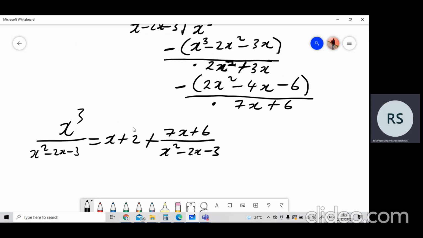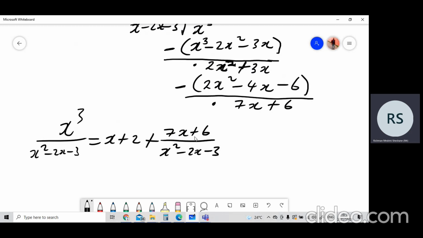The first terms we're able to integrate, and the last term has a numerator with a lower power than the denominator, so we're able to put it into partial fractions.